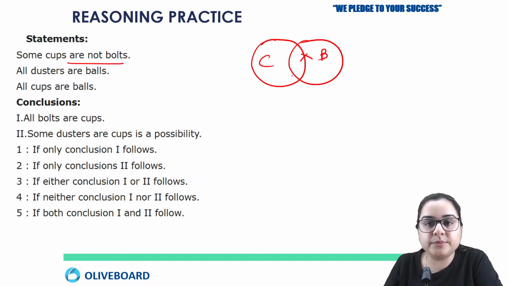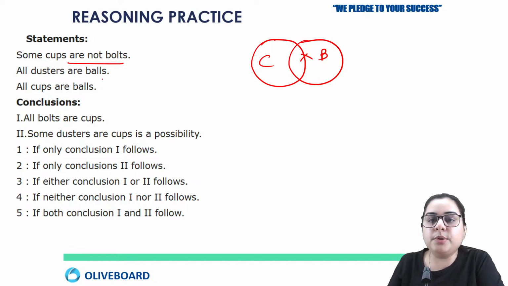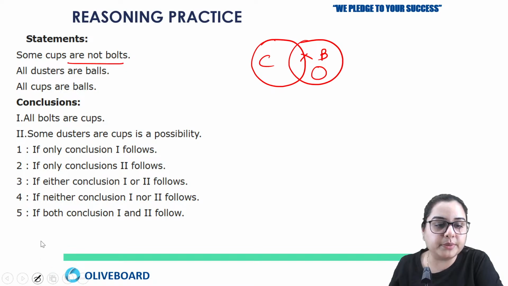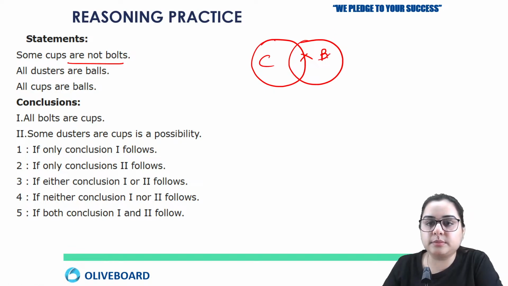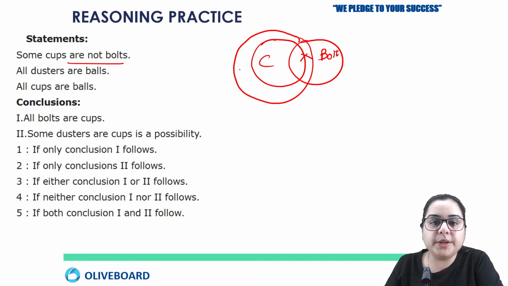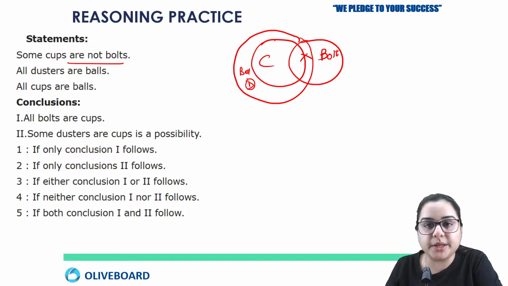All dusters are balls. All cups are balls. And all dusters are balls. Now dusters will also come in balls. Now this is a somewhat complicated diagram.